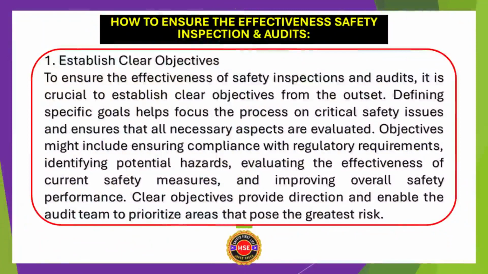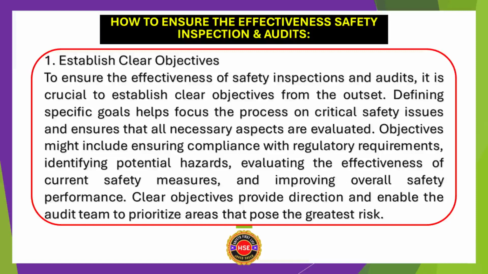To ensure the effectiveness of safety inspections and audits, it is crucial to establish clear objectives from the outset. Defining specific goals helps focus the process on critical safety issues and ensures that all necessary aspects are evaluated.